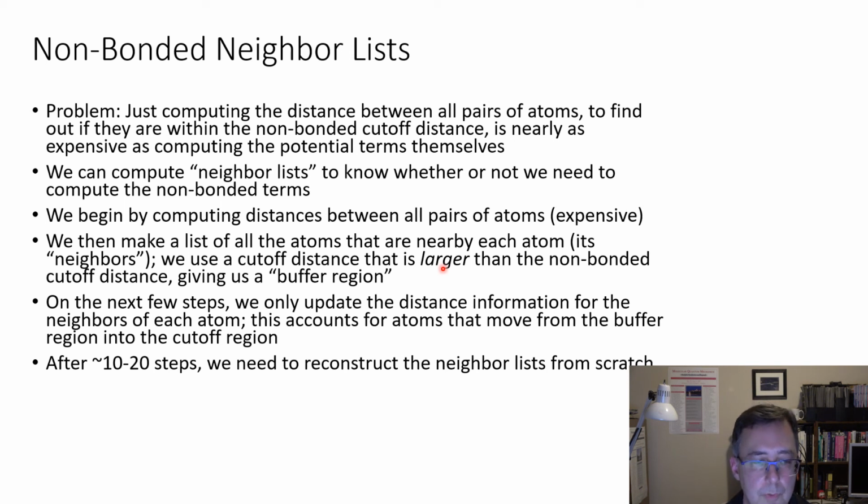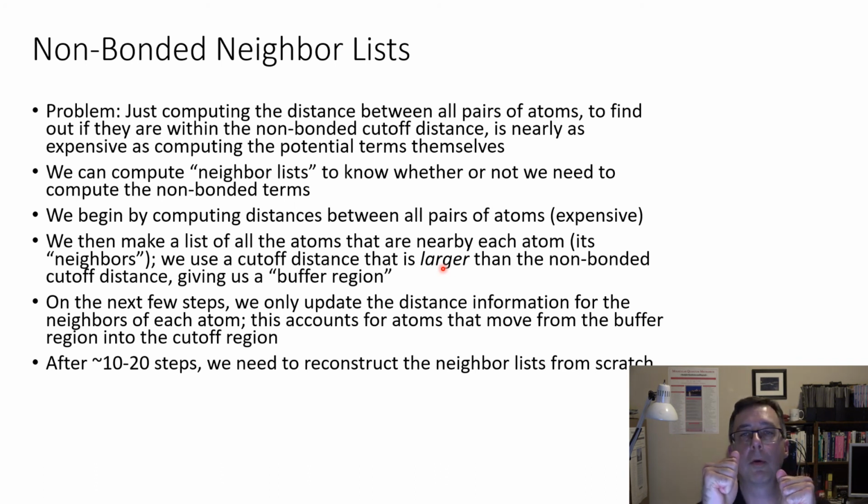Then, on the next few molecular dynamics steps, I only update the distance information for the neighbors of each atom. So if I know this guy has 4 neighbors that are within this neighbor cutoff distance, then I only update those distances and not all the distances, which would be very, very costly. And if I'm only updating a handful of them for each atom, then the cost of that is way less.